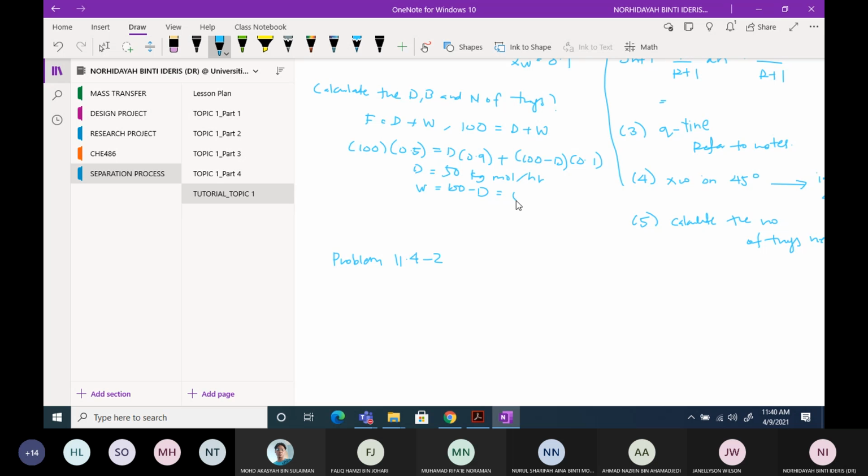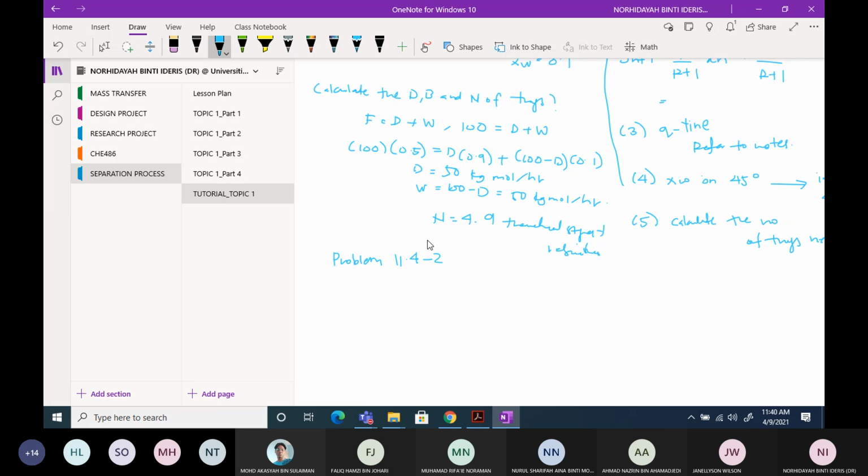W is also 50 kilogram mole per hour. Here 44.9 theoretical stages plus reboiler. So I want you to do this on your own and see if you get the exact same answer as the one given inside the book.